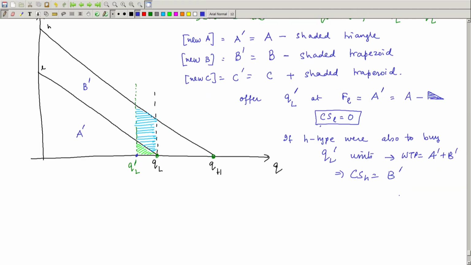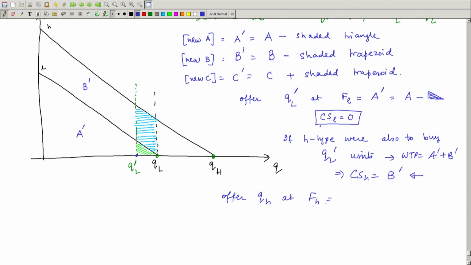So, if I offer QH units at a fee FH, if I could come up with a pricing scheme which says that I will continue to give B prime as the consumer surplus to the H type, then clearly he would prefer QH units because that has a higher quality level and he gets the same surplus as he would have gotten if he had chosen the lower quality level.